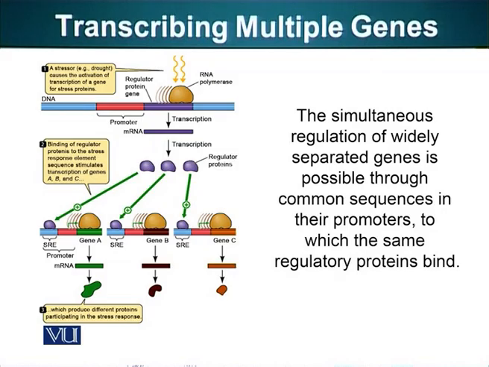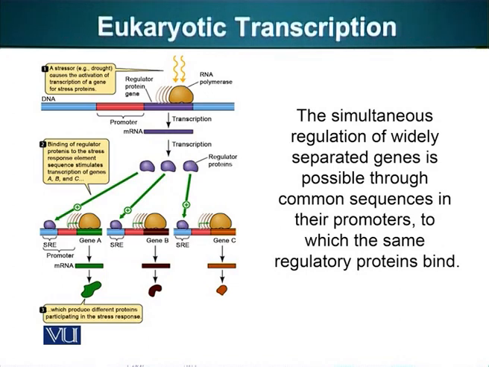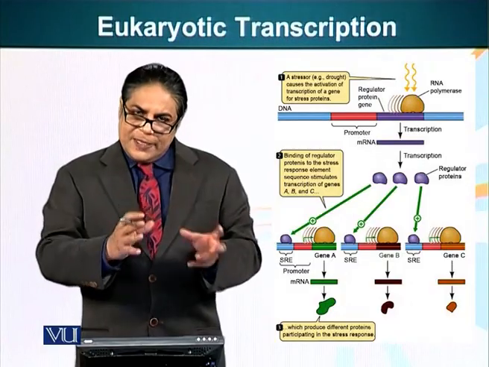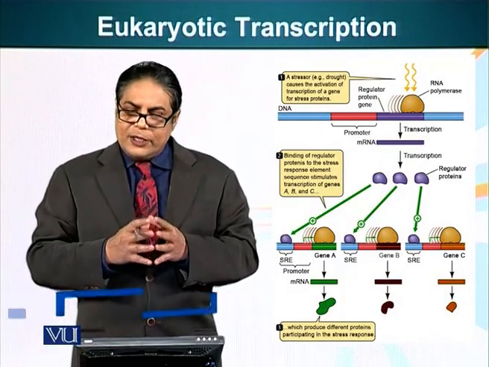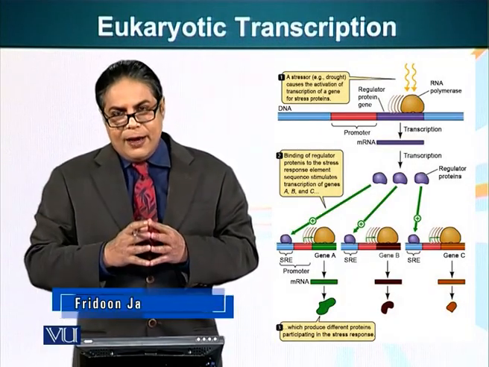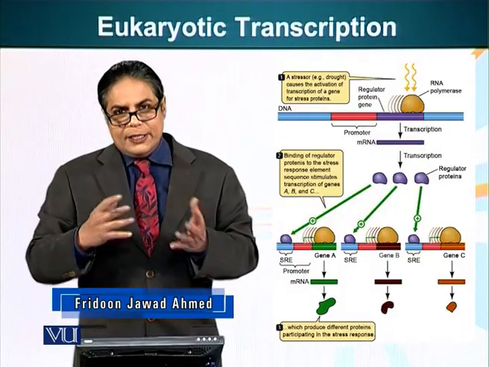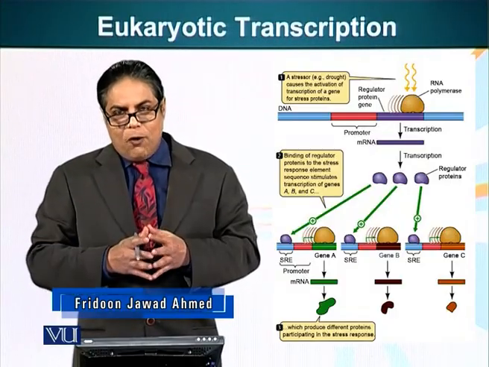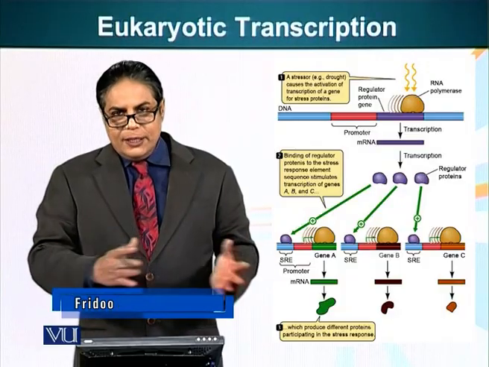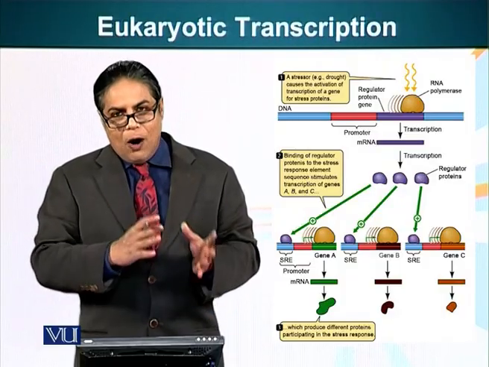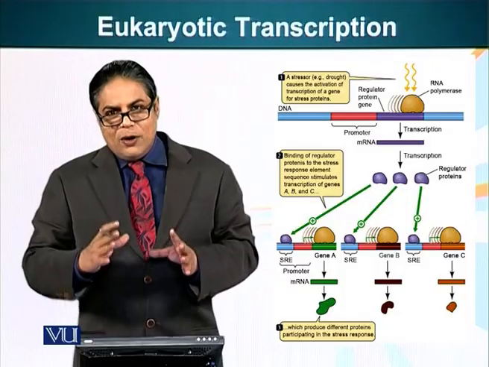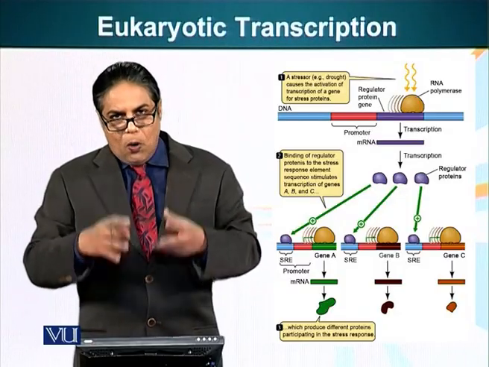So it doesn't matter if the genes are separated, on different chromosomes, or far apart; as long as they have a promoter recognized by a specific transcription factor, all those genes will be activated once that transcription factor is available or in active form. So we have seen these two different strategies of how prokaryotes and eukaryotes turn their genes on or off.